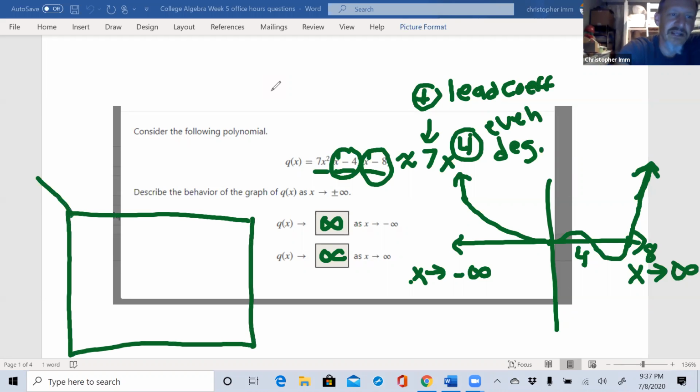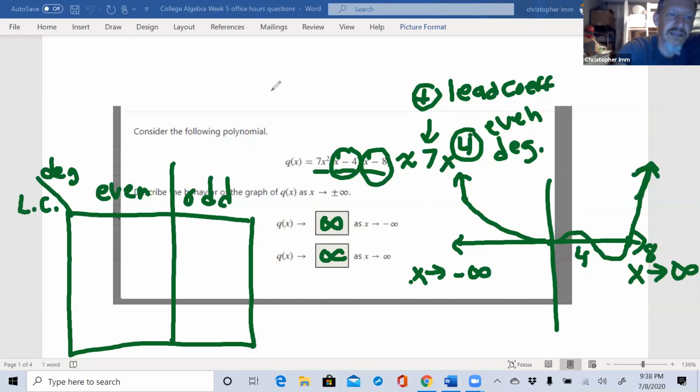So my degree over here can either be even, like we just saw, or it can be odd. And my leading coefficient, I'll just say leading coefficient, LC, that would either be positive, like this one is, or negative.